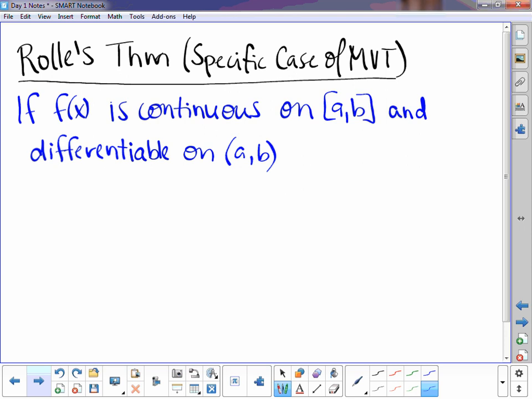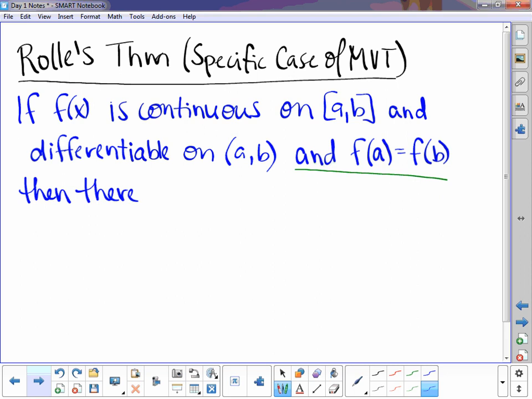Alright, now the specific case is when our endpoints are actually the same height. Okay, so if it's continuous and differentiable, and we have the specific case where f of a equals f of b. Okay, so that's kind of the new piece there. I'm going to underline that.